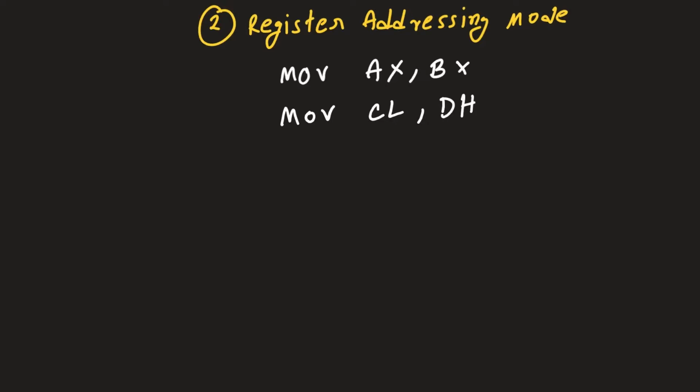This is also an example of register addressing mode. In the first case, a 16-bit data which is residing in register BX is transferred to register AX. In the second instruction, an 8-bit data which is residing in register DH is transferred to register CL.